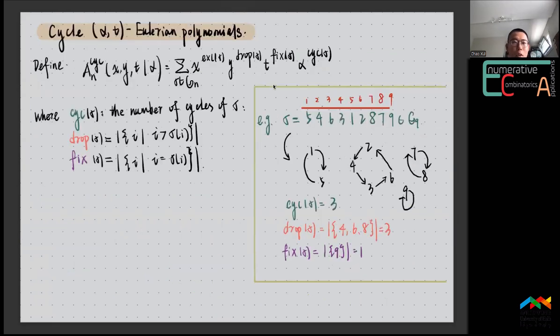Recall the cycle alpha-t Eulerian polynomial, a refinement of the classical Eulerian polynomial. It counts excedances, drops, fixed points, and the cycle number.